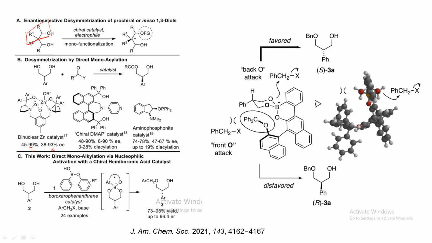So it is an enantiomeric ratio of 96 to 4. So one of the enantiomers is in excess up to 92. That's how you can calculate.